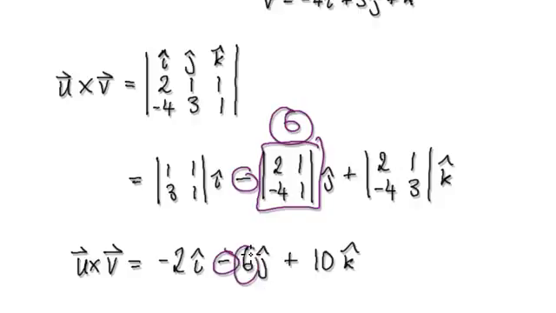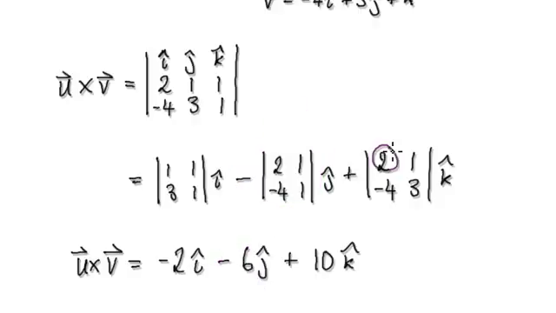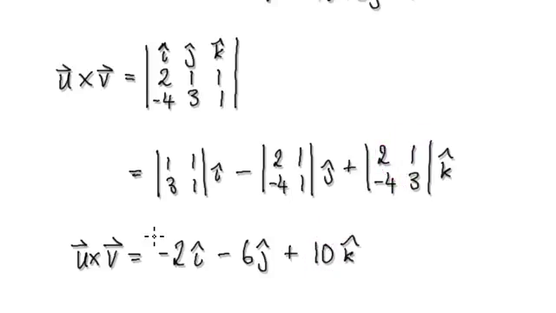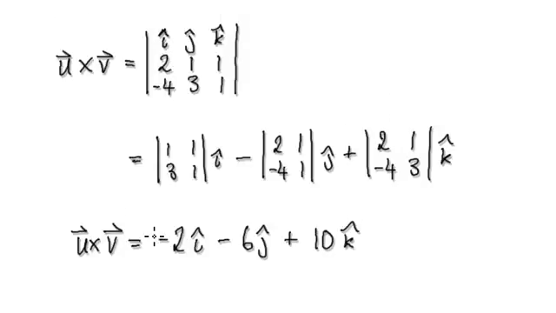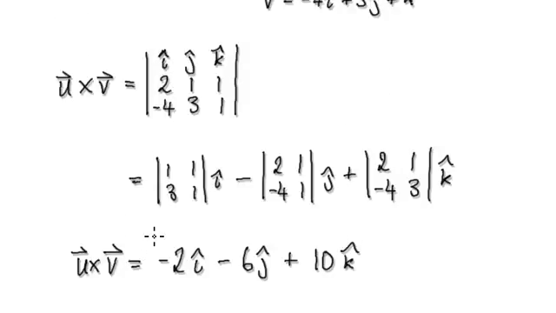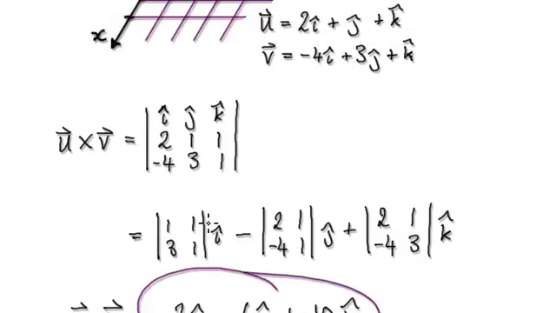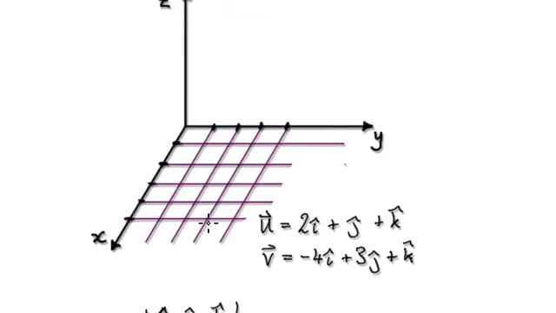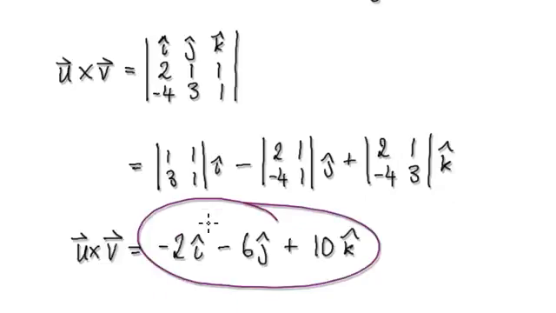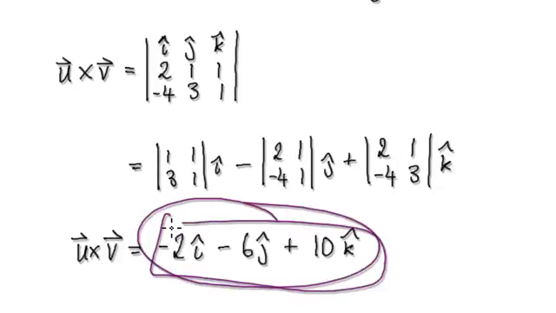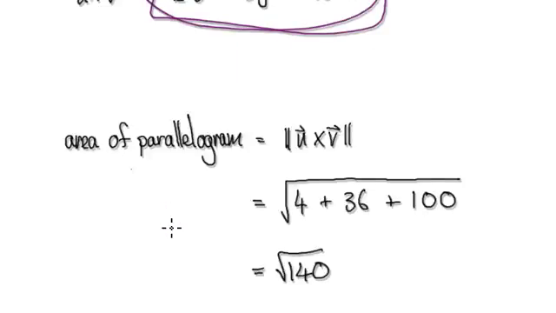And then it will be this times this, which will be 6, take away this times this, which will be negative 4. That will give you 10. So the vector that is perpendicular to the other two vectors will be given by this.